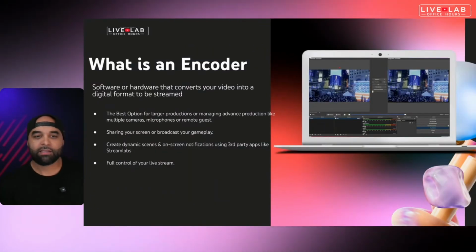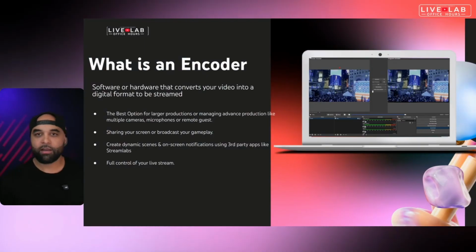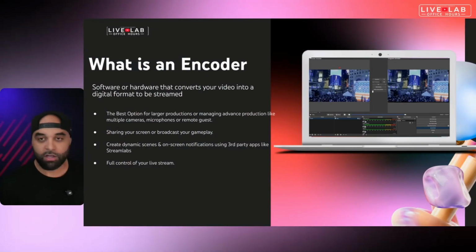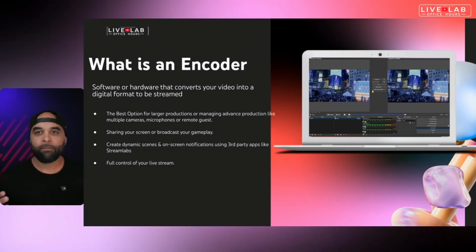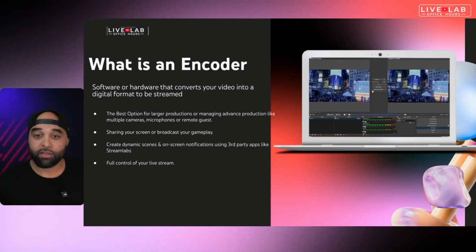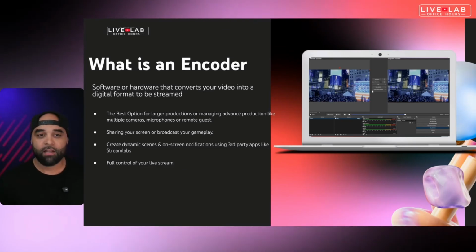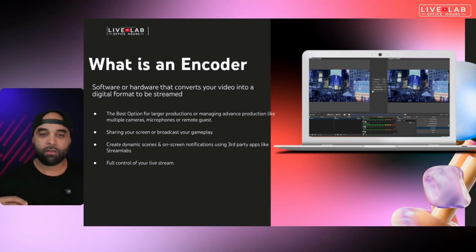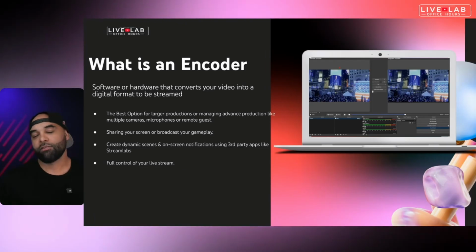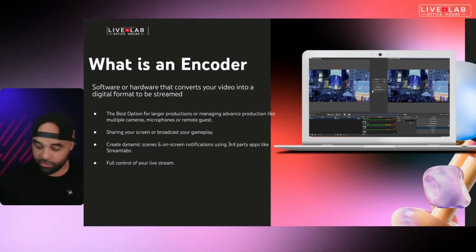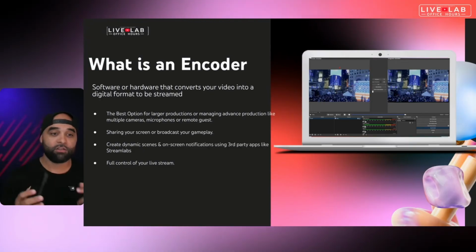So what is an encoder, right? You hear that a lot when you are watching different YouTube videos or different creators talking about going live. And you may be asking what an encoder is. There's a few things that can be used as an encoder. For instance, our phone is an encoder.